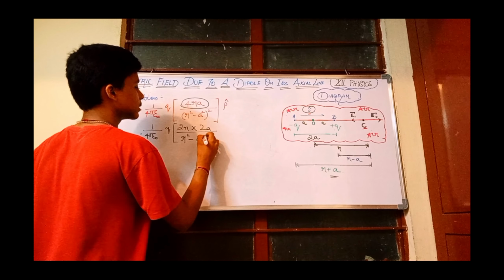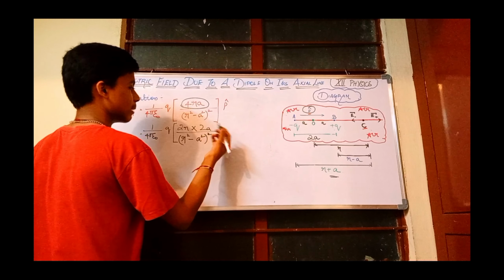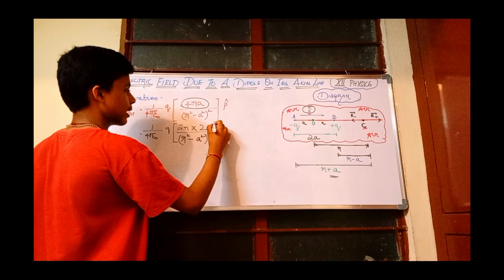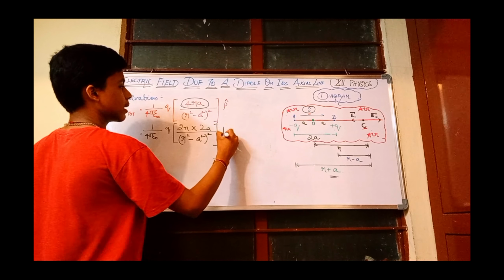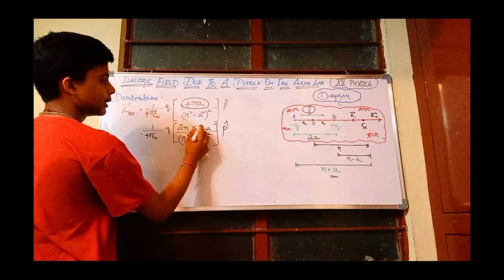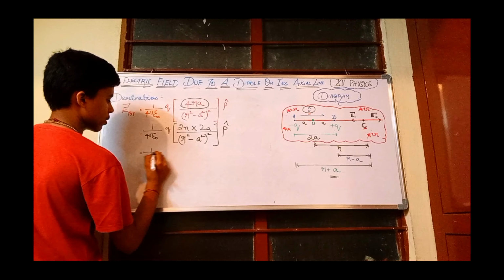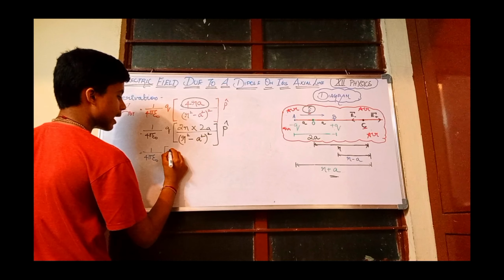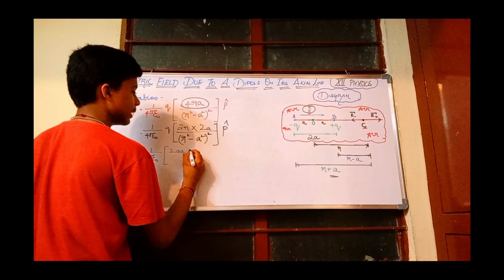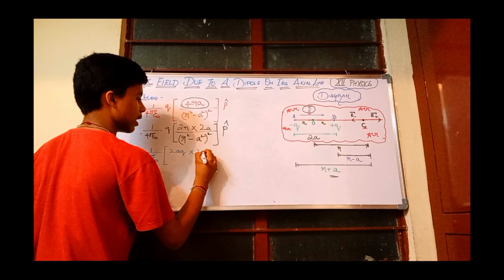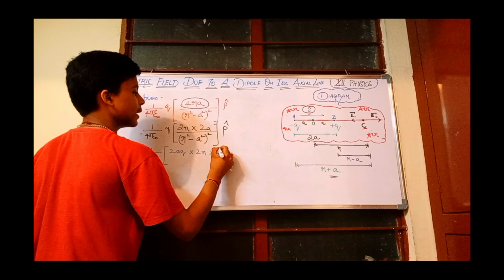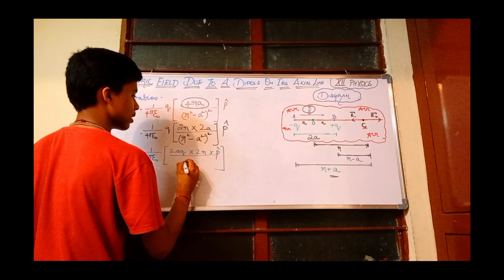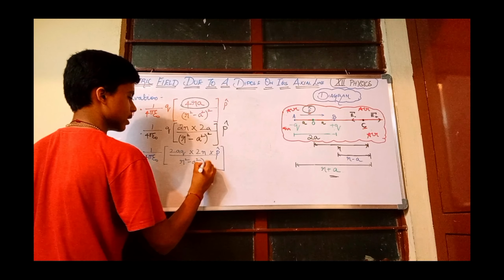And now I know from the definition of electric dipole moment, I'm going to multiply this q with 2a. So 1 by 4 pi epsilon naught into 2aq into 2r into p cap, and I will bring the p cap inside, by (r square minus a square) the whole square.